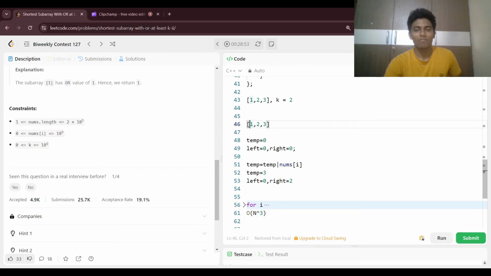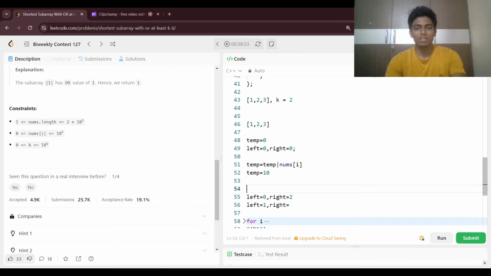So now we have this particular 3, and whenever you move left plus plus, which is going to be left equal to 1, we are going to remove this particular 1th bit, which is 1 1. So we remove this, and this becomes 0. Suppose this particular element is 3, then temp is going to be 1 1, which is 3 as our answer.